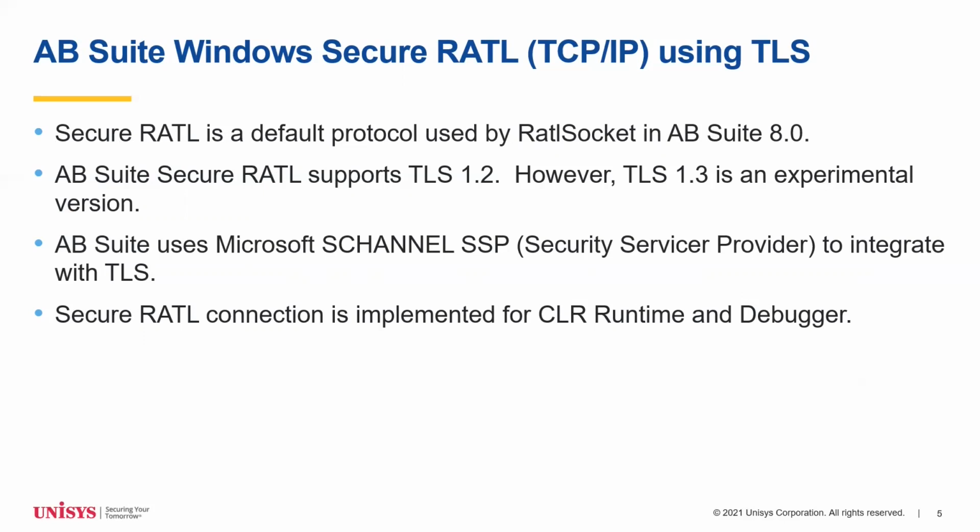AB Suite Secure Rattle supports TLS 1.2 to encrypt and decrypt the messages between the client and server. TLS 1.3 is an experimental version and not recommended for use on a production server. AB Suite uses Microsoft S-Channel SSP to integrate TLS with AB Suite Runtime. Secure Rattle is implemented and available for Windows Runtime and Debugger.